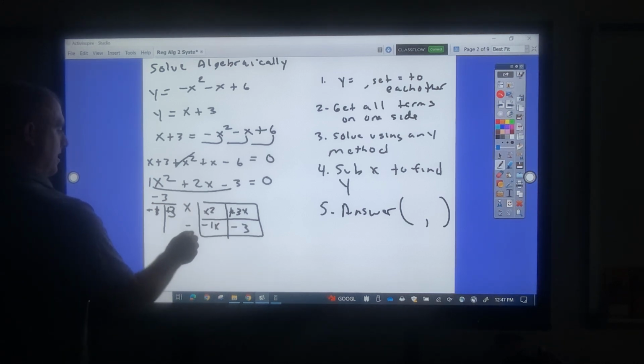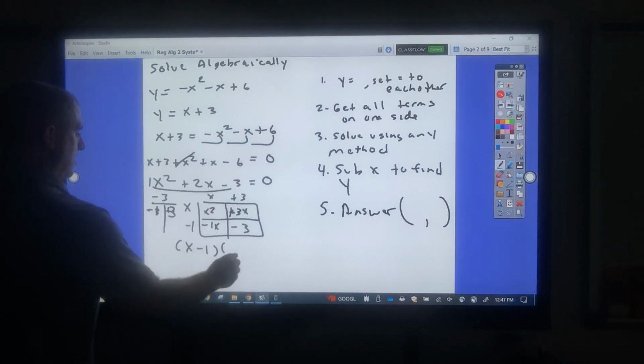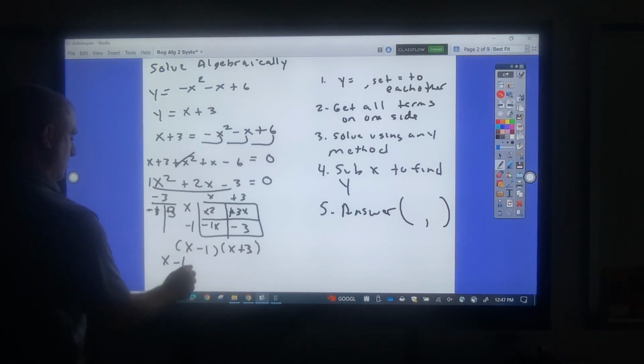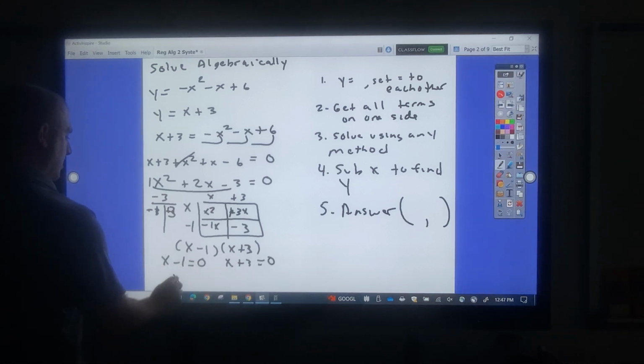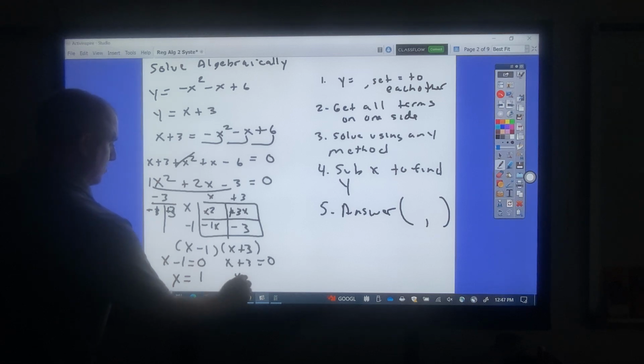This is x, this is minus 1, this is x, this is plus 3. So I get x minus 1, x plus 3. I can solve those through mental math. I got x equals 1, x equals negative 3.